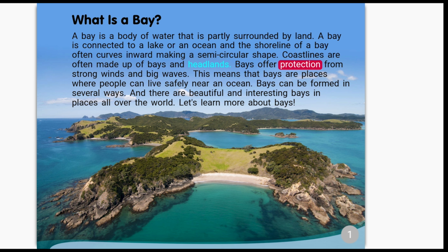Bays offer protection from strong winds and big waves. This means that bays are places where people can live safely near an ocean. Bays can be formed in several ways, and there are beautiful and interesting bays in places all over the world. Let's learn more about bays.